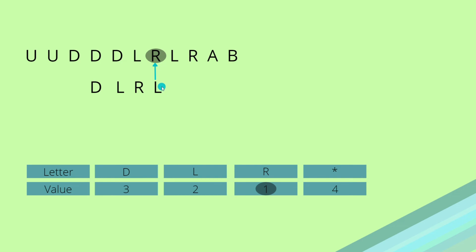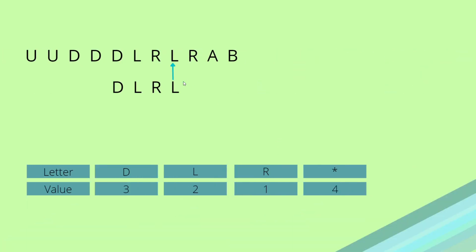Now we repeat this process and compare the L with R. If it had matched, we would have compared the next character R with L and continued this process repeatedly. Since it is not matched, we take the value of R from the bad match table, which is 1, and skip one step.